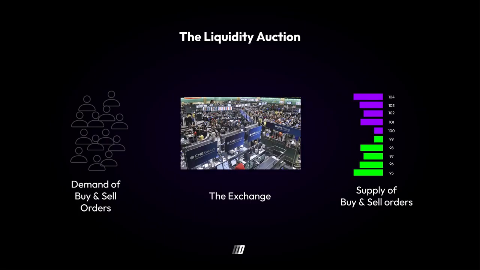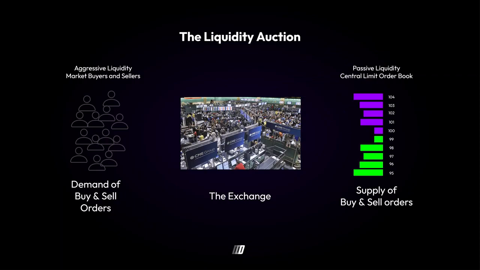So the exchange facilitates the auction by putting in contact the demand for liquidity, the demand for buy and sell orders, and the supply of buy and sell orders. Okay? We'll call the supply of buy and sell orders passive liquidity, which is displayed in the so-called central limit order book, and the demand for buy and sell orders aggressive liquidity, which are simply market buyers and sellers.